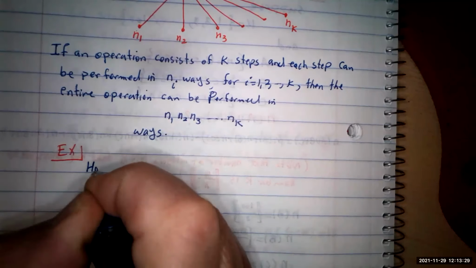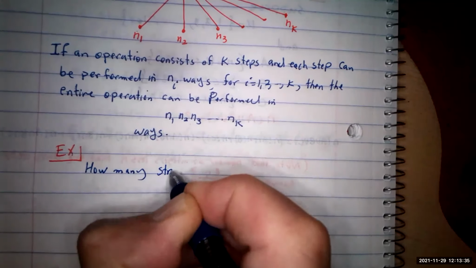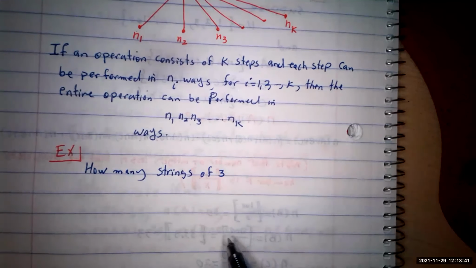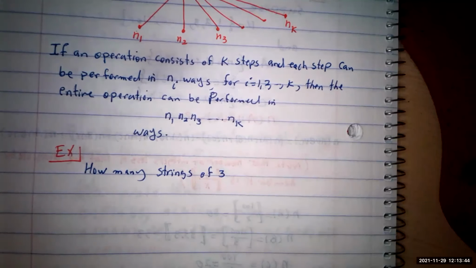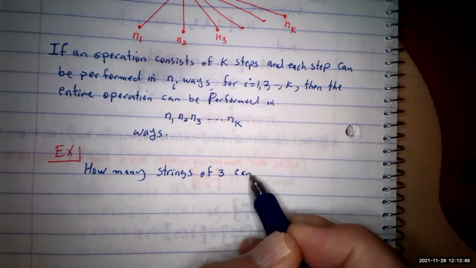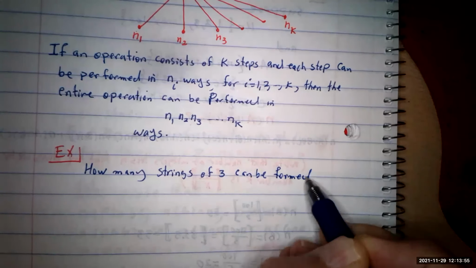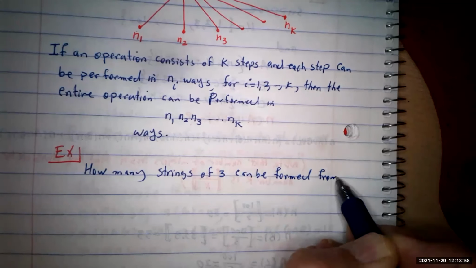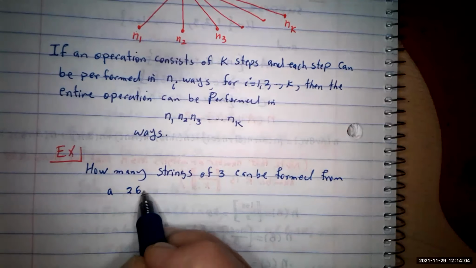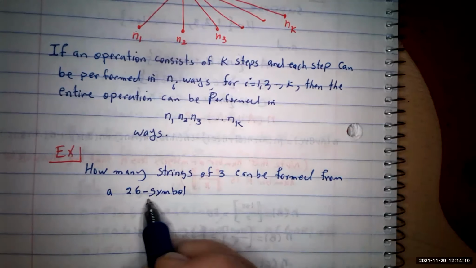We want to know how many strings, sequences if you like, strings of length 3 can be formed from a 26 symbol alphabet.